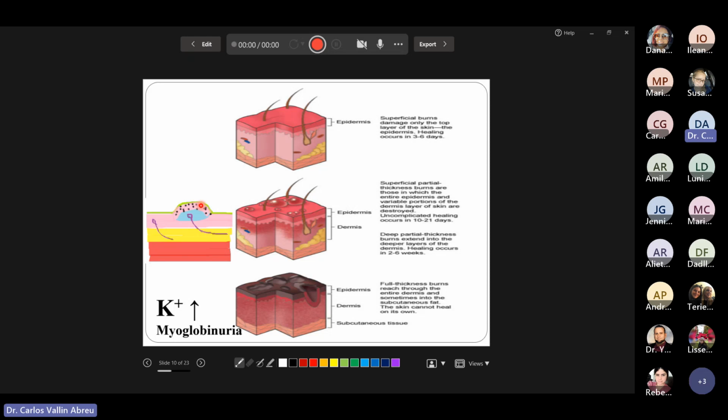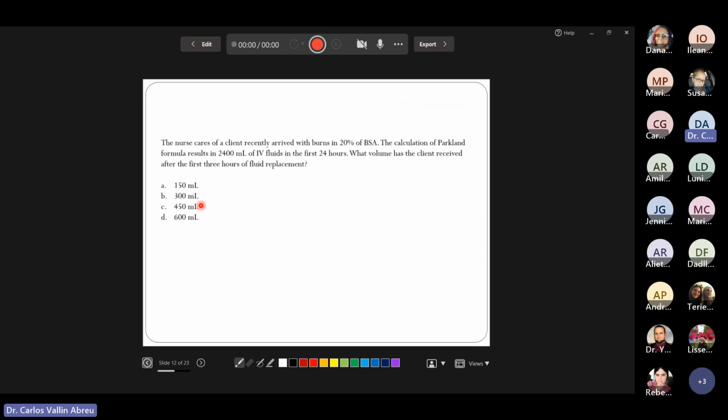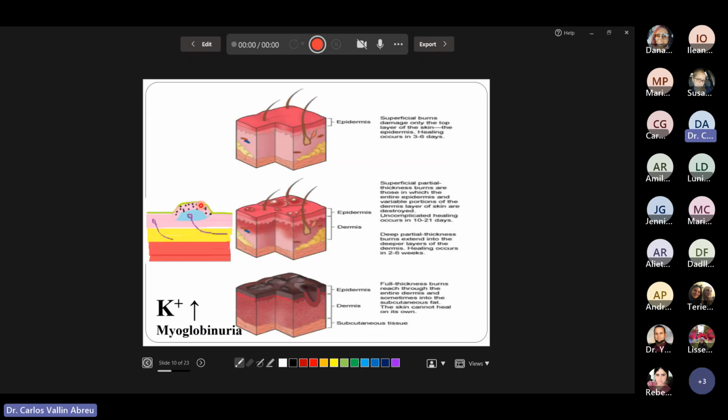Remember that those burns are wounds predisposed for tetanus, so boosters of the tetanus shot should be given. And pain management is very important. Each time the client goes to wound care, they need to have analgesics in anticipation of the wound care.